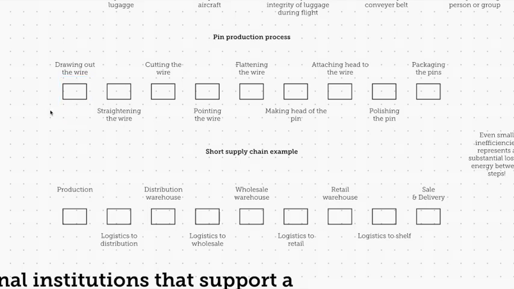Right? And we can determine very relatively easily what is the actual energy for each step. And an 80% energy efficiency is already seen as highly efficient.